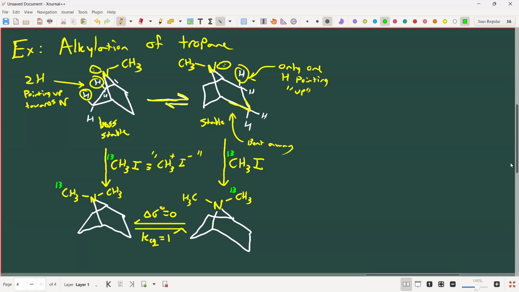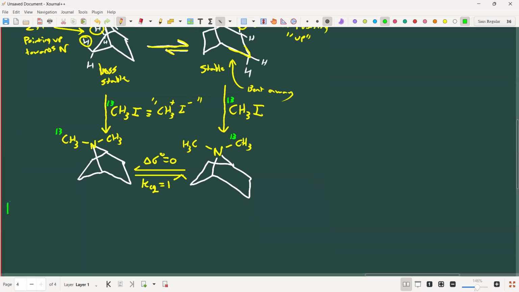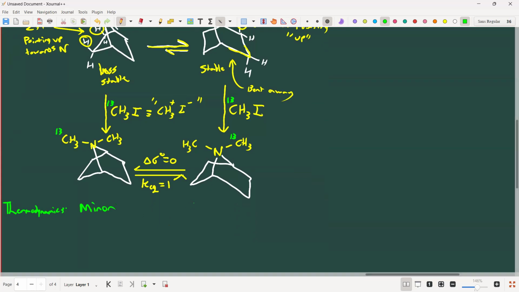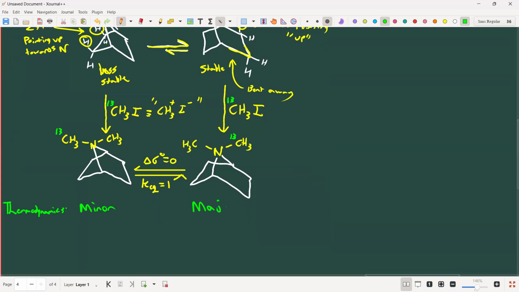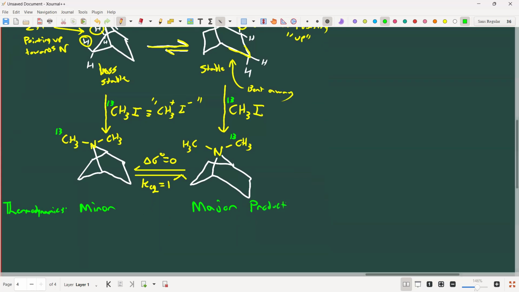So by using thermodynamics, we would assume that this is the minor and this is the major product, because this is the major starting material and this is the minor starting material, and you're going through the same reaction to the same end product. So it shouldn't make that much of a difference. So thermodynamics would predict that this is major and this is minor.